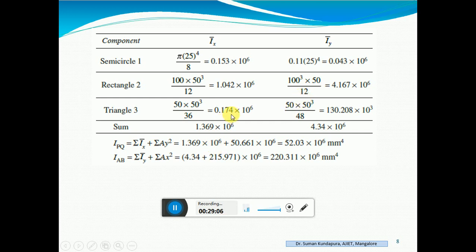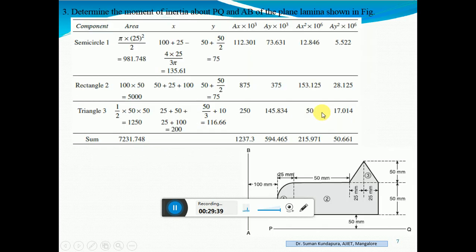Okay, next coming to the triangle, here with reference to the base, Ix bar is BD cube by 36, whereas in the case of Iy bar for this triangle, it is found to be DB cube by 48 for the triangle.